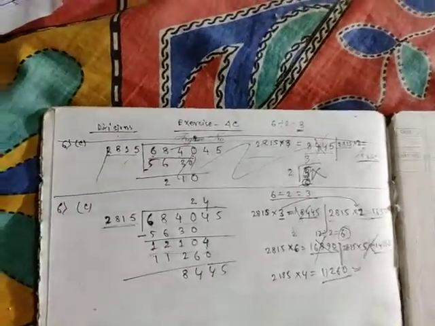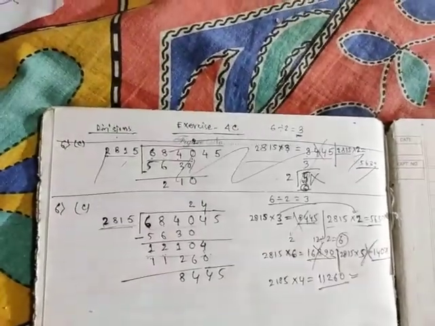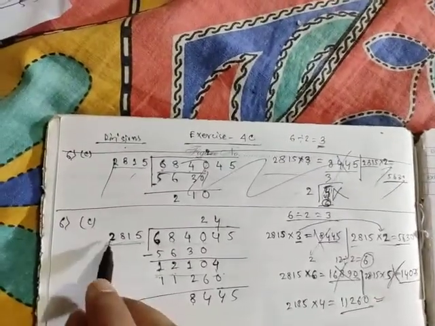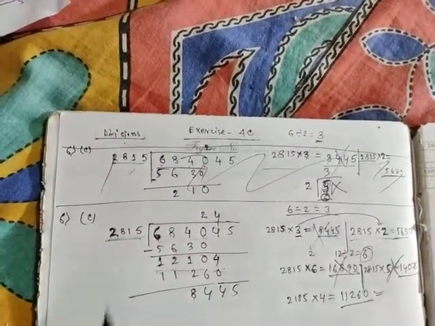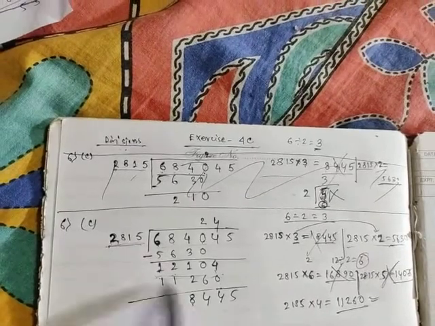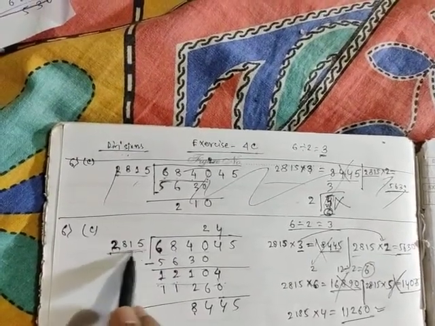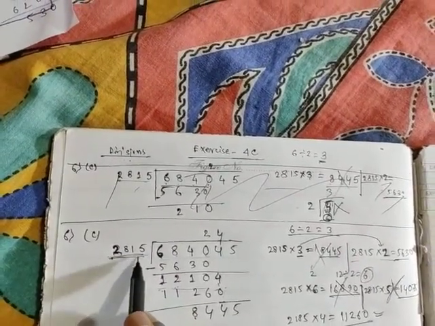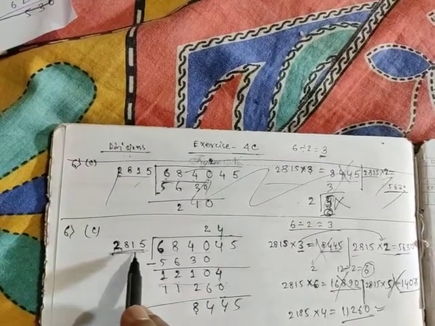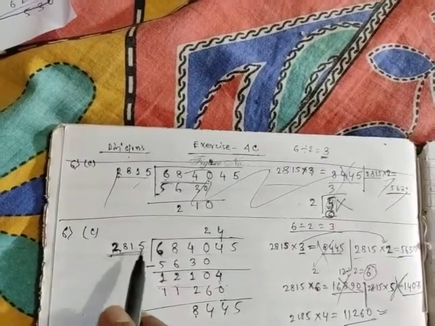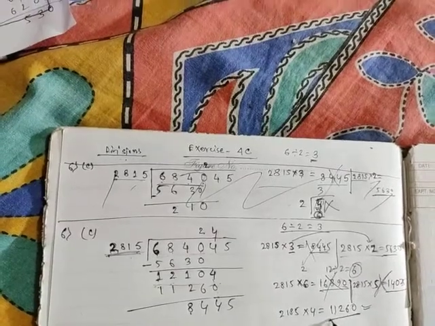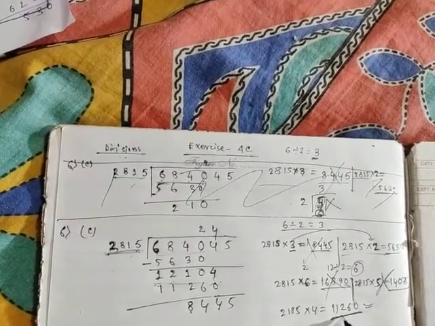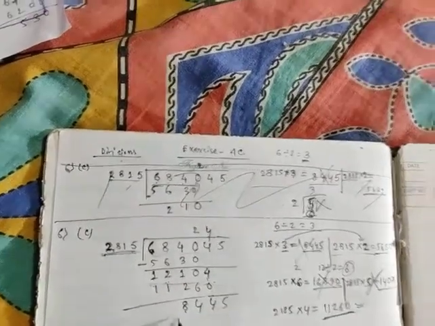Now you see, 8 divided by 2 becomes 4. So now we have to multiply with 4. But if we do multiplication with 4, I will get 11260, so it is not possible because 11260 is greater than this number.